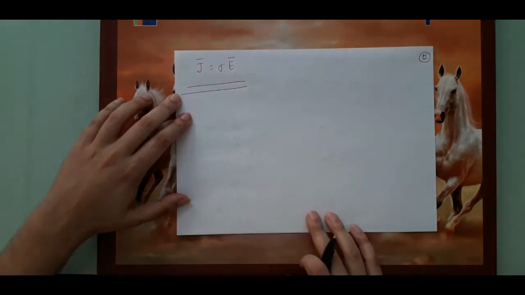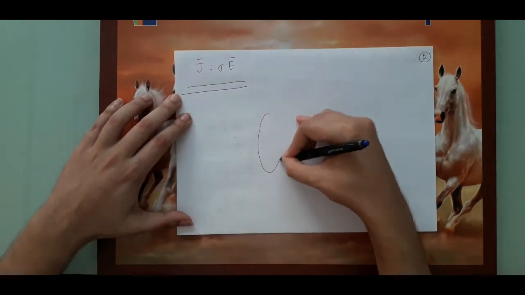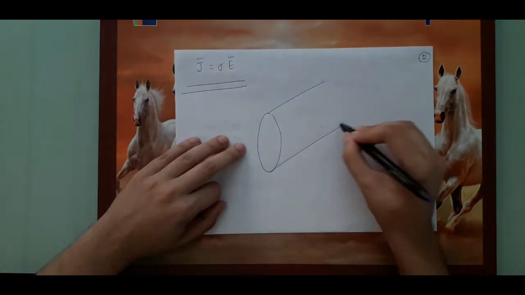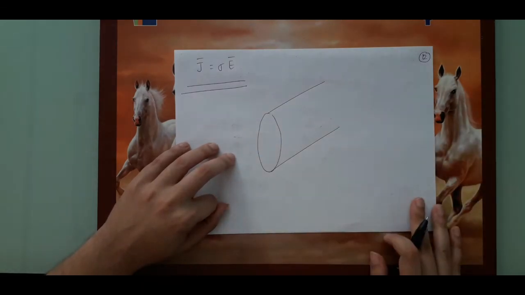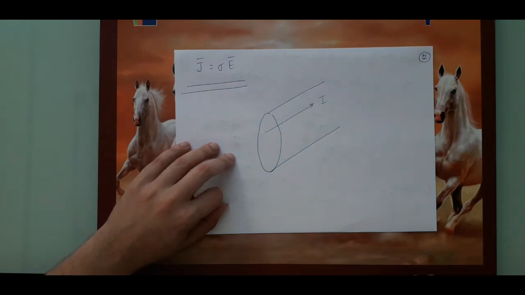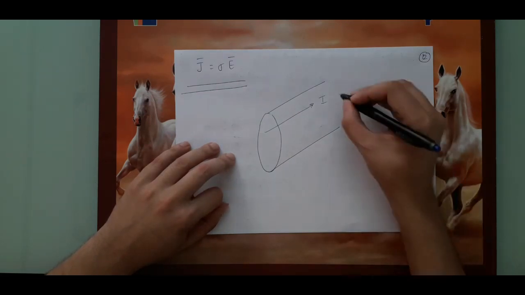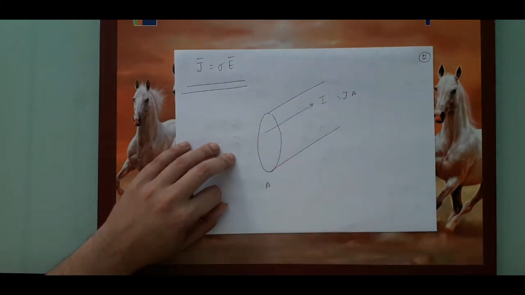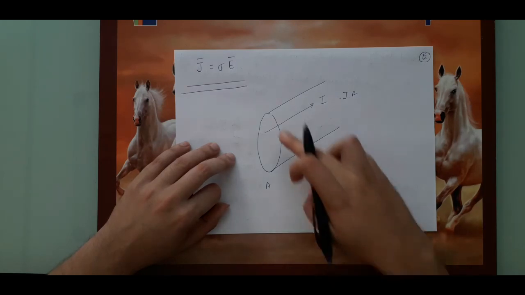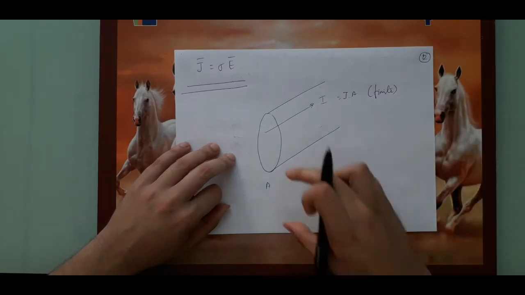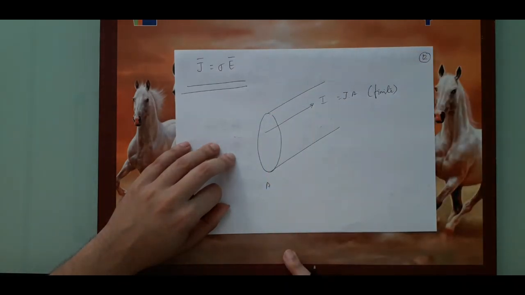Now, suppose I have a conductor and some current is flowing through this conductor. Let's say some finite current I is flowing, where I is nothing but J times A, where A is the cross-sectional area. Now suppose this finite current is flowing through this conductor and this conductor is very, very good.